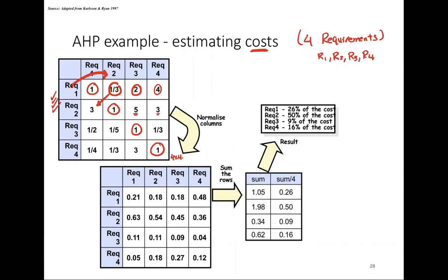If requirement 1 against requirement 3 is of value 2, that means requirement 3 against requirement 1 has to be half. This 5 goes to 1/5, this 3 goes to 1/3, and this 4 goes into 1/4. And this 1/3 will be 3 when we flip the row and the column.